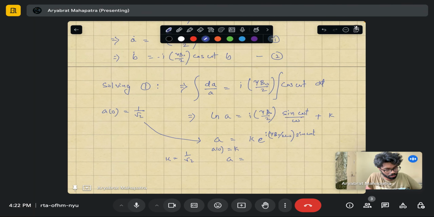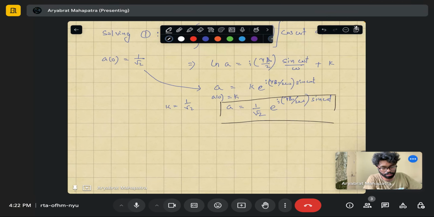So the final form of a will be 1 by root 2 e to the power i gamma b naught over 2 omega sine omega t. So that is your a, and in the same way you can get b.